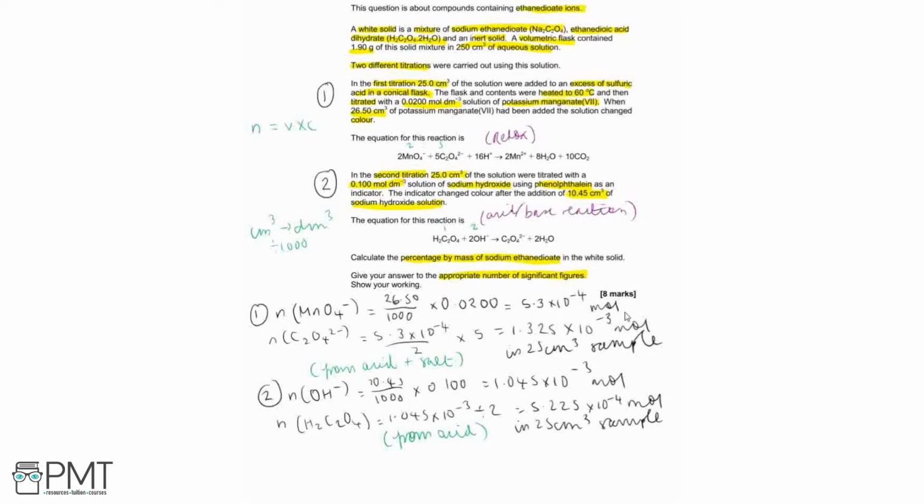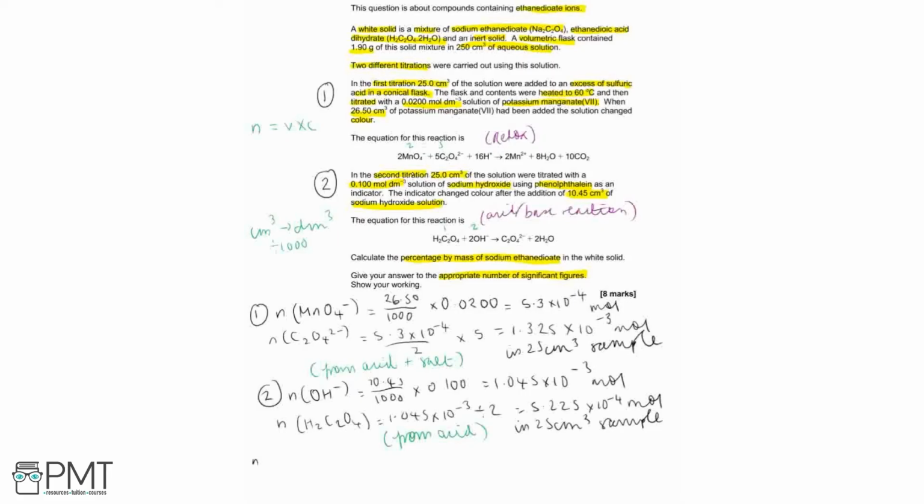So now we've worked out the moles of our ethanedioate ions from the sodium ethanedioate and the ethanedioic acid. And then in the second titration, we worked out the moles of just our ethanedioic acid. So what we can do now is subtract those to work out the moles of just the sodium ethanedioate within that 25 centimetres cubed.